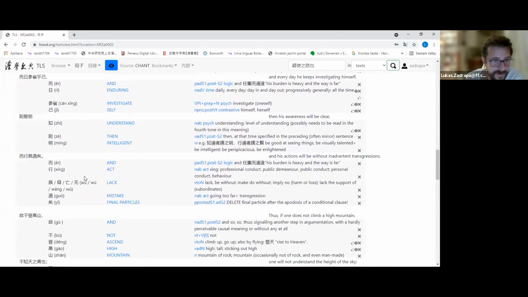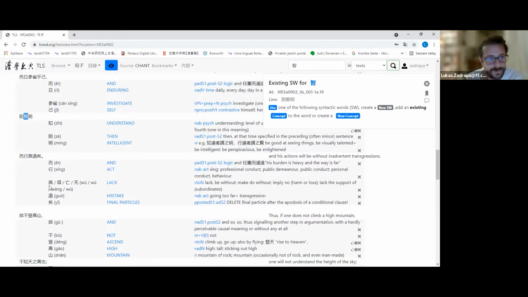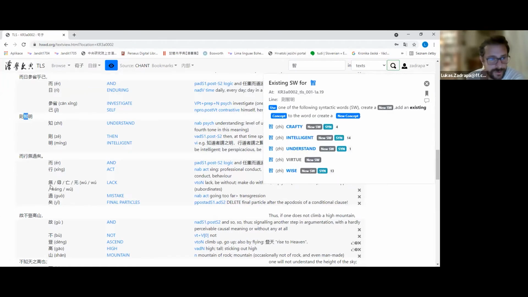So then we have here another kind of nominalization. We have this word which is derived from the word "to understand", but here it is written with a different character, which says something, although it is problematic, because we know that both words were written in the same way in the excavated manuscripts and so on.